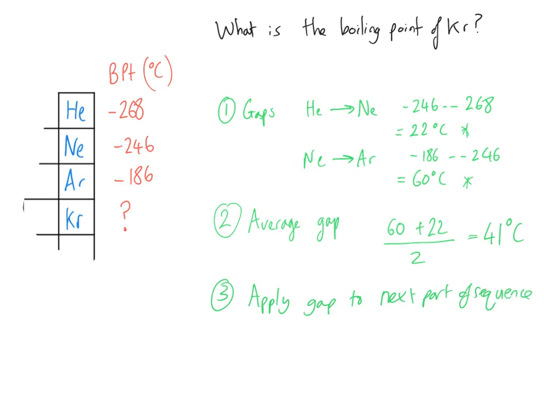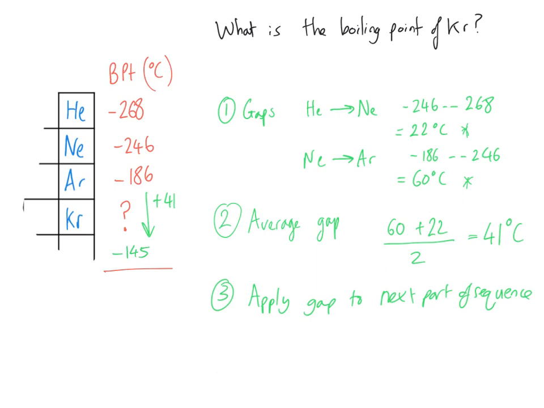And so what we would need to do there is add 41 on to minus 186. And when we do that, we get minus 145 degrees Celsius as our answer for the boiling point of krypton.